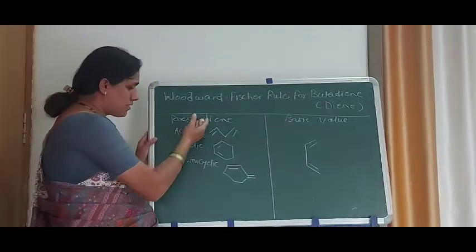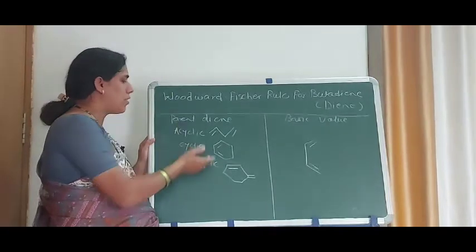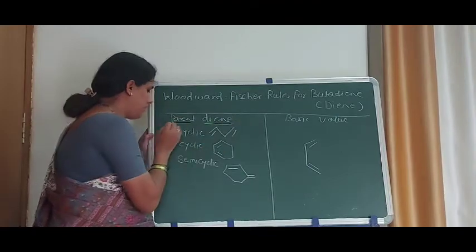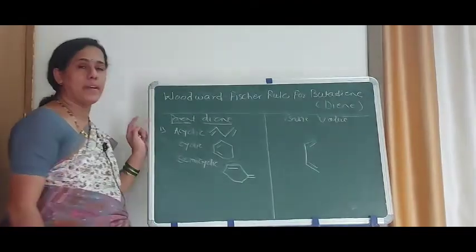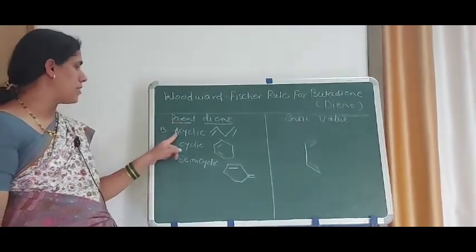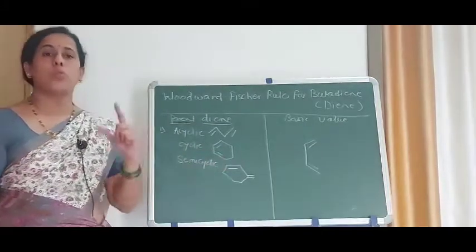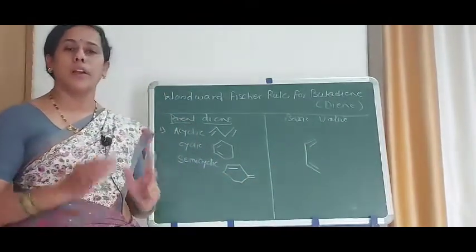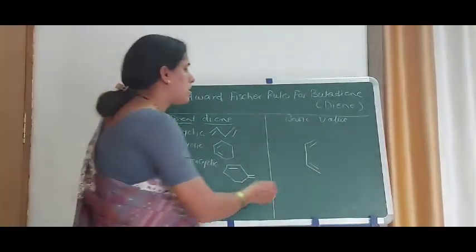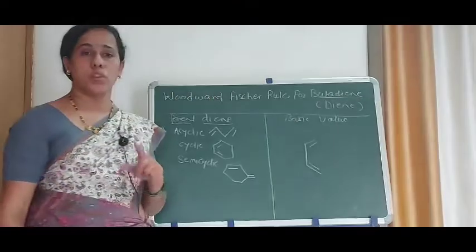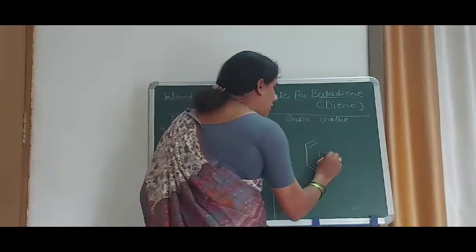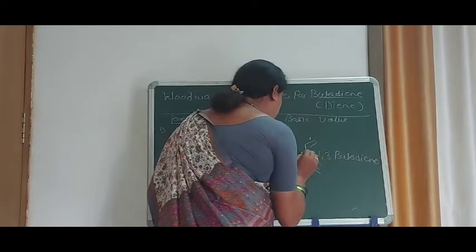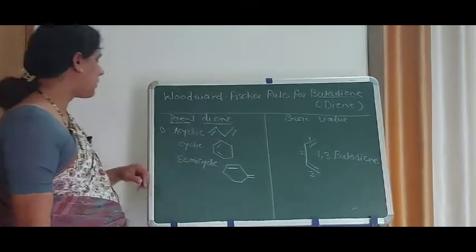Before seeing this, we have to understand the types of dienes. In the first rule, there is a parent diene of 3 types. First is the acyclic diene. You have to concentrate on this structure, 1,3-butadiene. In any problem, you have to concentrate only on a 1,3-butadiene.